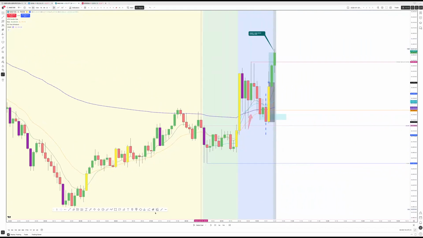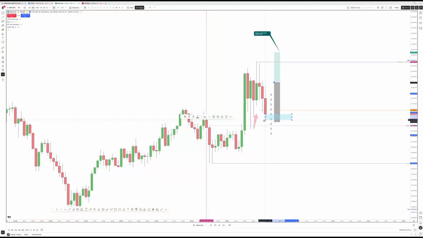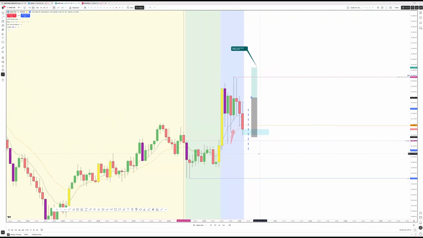So as you could see here in the sequence, if we use the replay feature, we could see that prices engage with the macro VWAP, but we didn't get any information. Will this be non-acceptance? Is this acceptance?